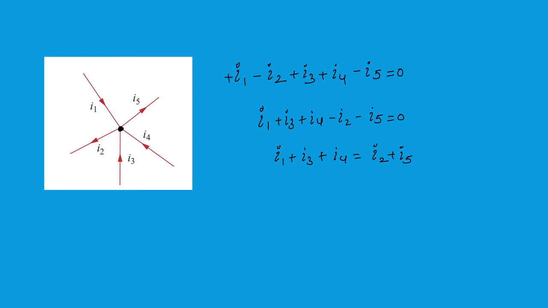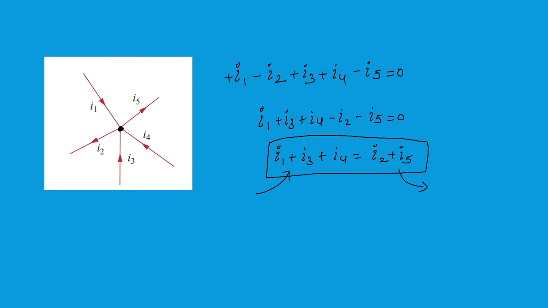So this is what KCL states. You can also say it another way: the sum of all the incoming currents must be equal to the sum of all the outgoing currents. From this I can say I1, I3, and I4 are incoming currents, and the others are outgoing currents.